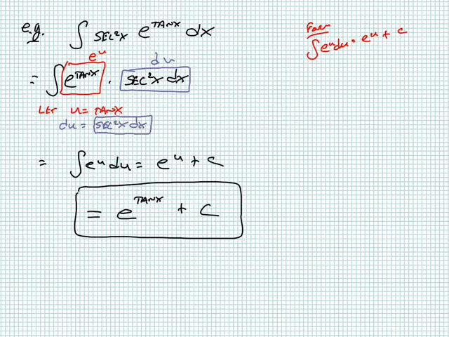Okay, next example, let's do one that looks a little more tricky but isn't going to be too bad. So let's do the antiderivative of e to the power square root of x over the square root of x dx. And I still have my form in this case.